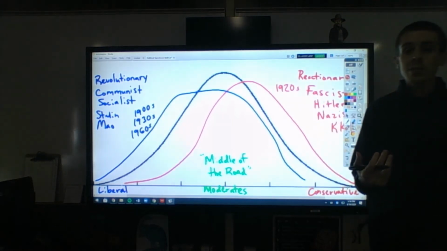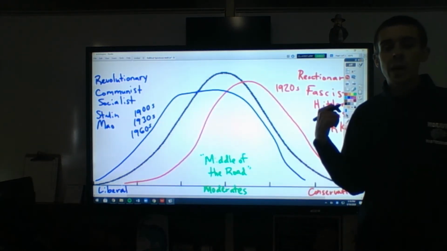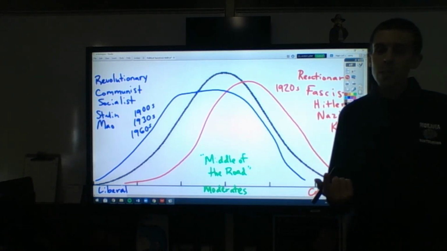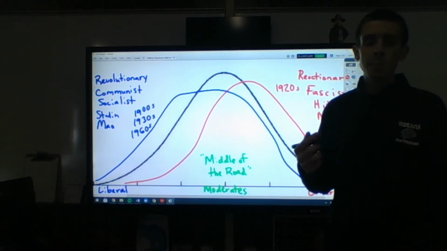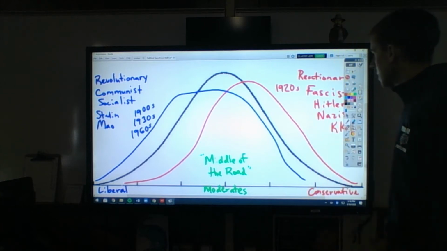So the 1920s: you had Republican presidents and a focus on business. Calvin Coolidge, president in the 1920s, actually said the chief business of the American people is business, meaning that's what we're focused on.